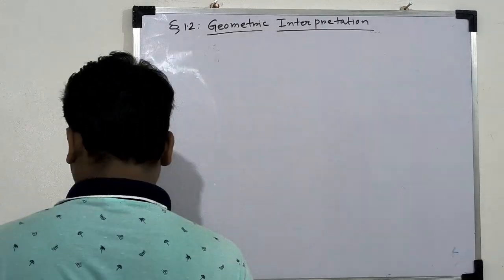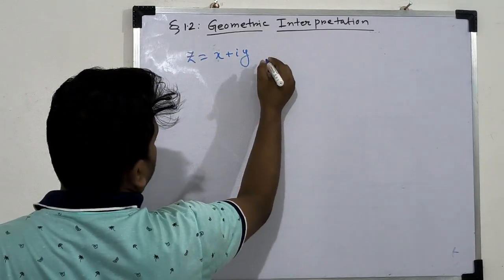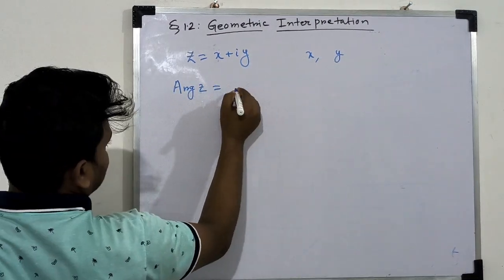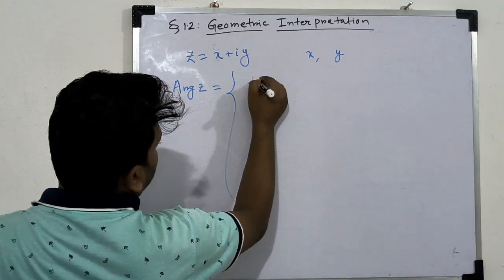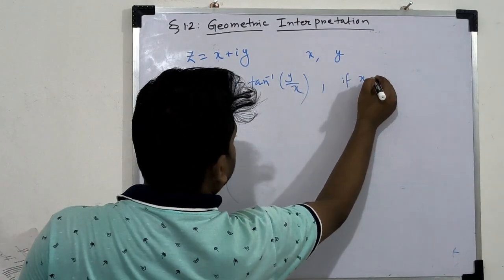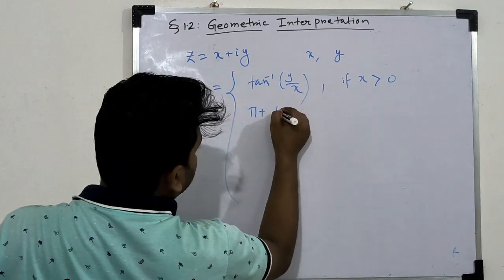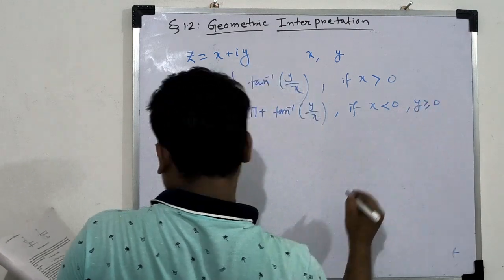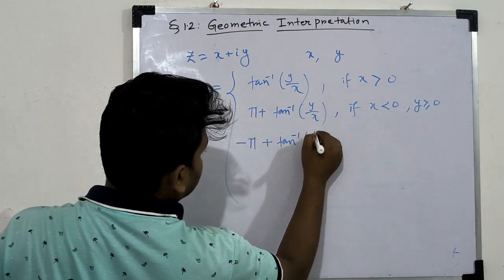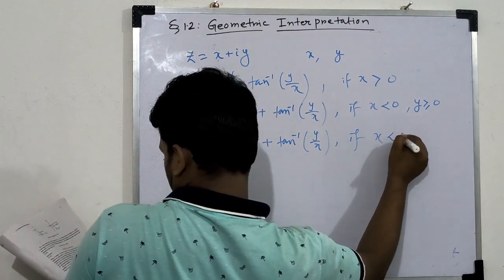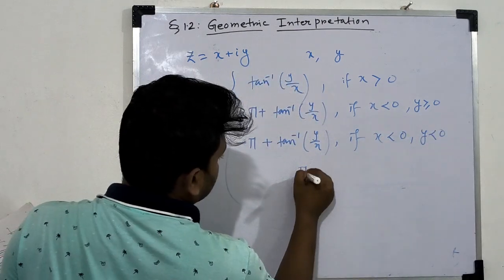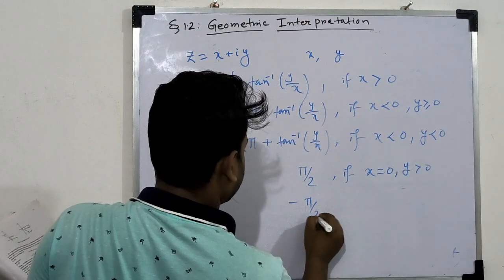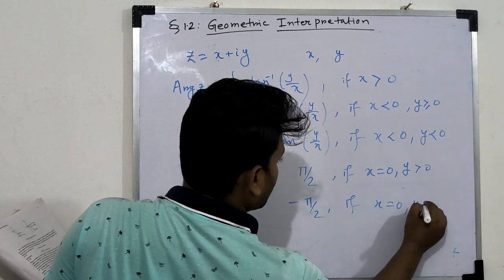So note z equal to x plus iy, and depending on the values of x and y, the argument of z will be different, and we follow this rule: tan inverse y by x if x is greater than 0; pi plus tan inverse y by x if x is less than 0 and y is greater than or equal to 0; minus pi plus tan inverse y by x if x is less than 0 and y is also less than 0; pi by 2 if x equal to 0 and y greater than 0; and minus pi by 2 if x equal to 0 but y less than 0.